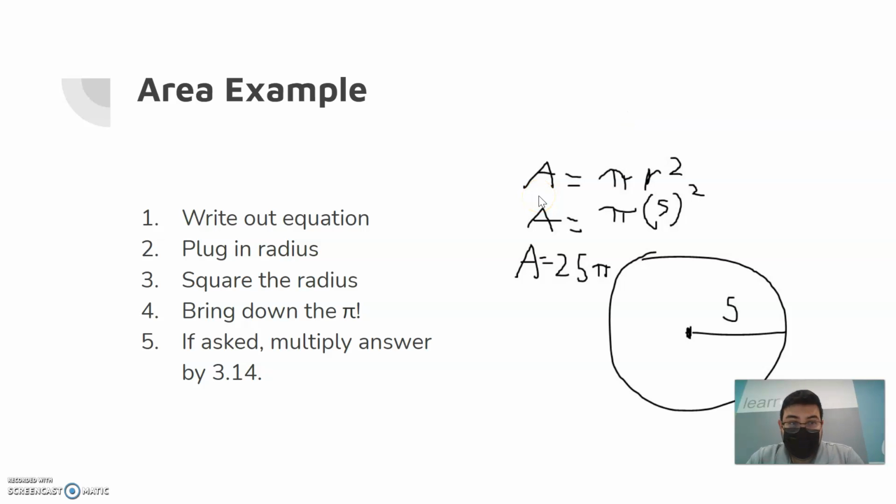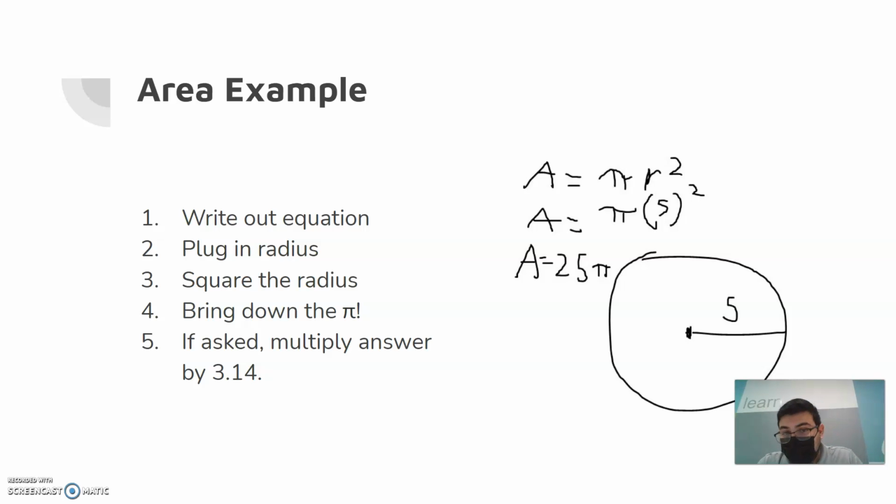So an example of area is find the area of this circle. You want to write out the equation first. You're going to plug in the radius. The radius is 5 in this equation. Then you're going to square it. Remember, squaring a number is just the number times itself. So 5 times 5, the square of that would be 25.